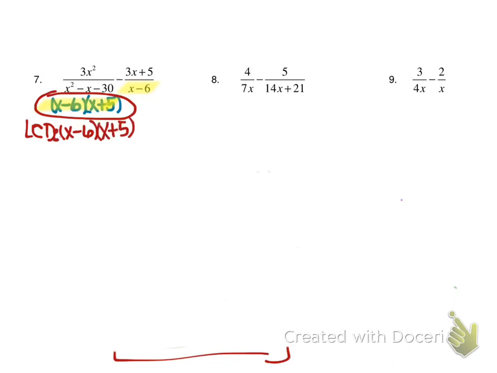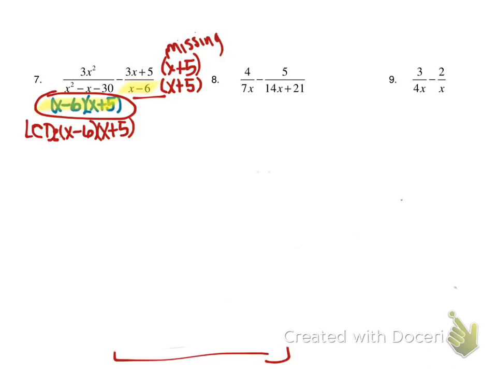The other one only has x minus 6. Well, that's part of it, and if we had the x plus 5 part also, we would have that denominator. So that's what's missing here. You're always going to be thinking that the factors that are missing are what you're going to be multiplying by.